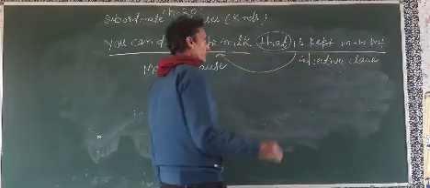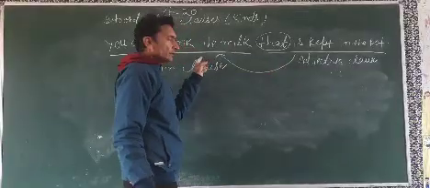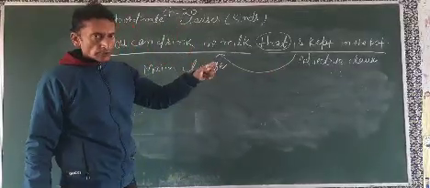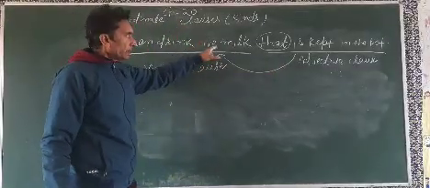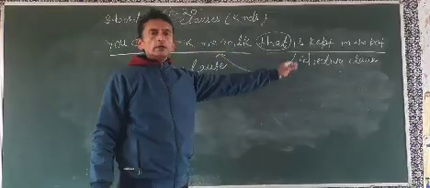This is called the adjective clause, and this is called the main clause. The adjective clause depends on the main clause for the completion of its meaning, and the main noun is described by the adjective clause.